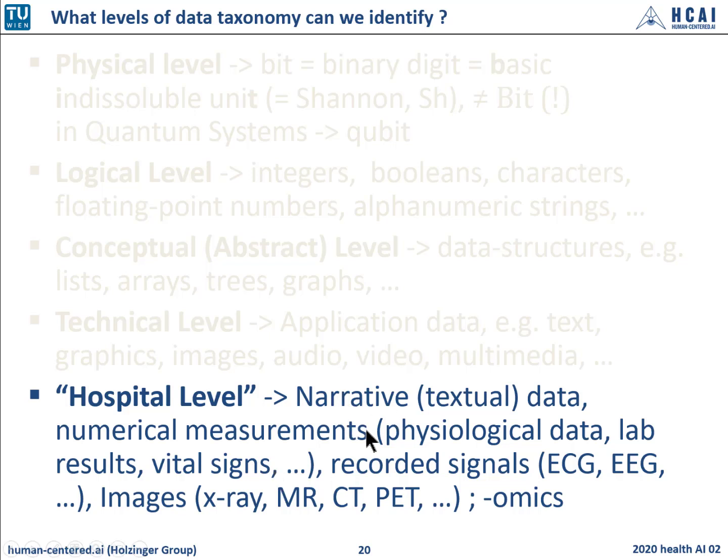Then you have recorded signals, for example, EEG, ENG, EMG, EOG. There are dozens of them. And then you have all the images, for example, coming from cameras, simple cameras, for example, operation cameras, then X-ray devices or magnetic resonance, computer tomography or PET devices, MRI, fMRI, and so on. And then, of course, you have the vast area of omics data, and we will spend some time on this omics data because they are now really very, very present.